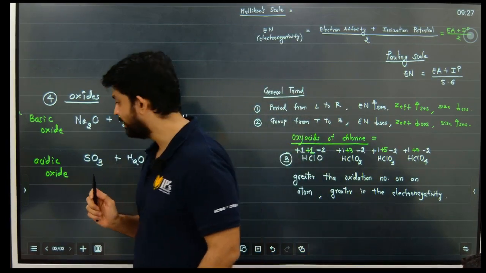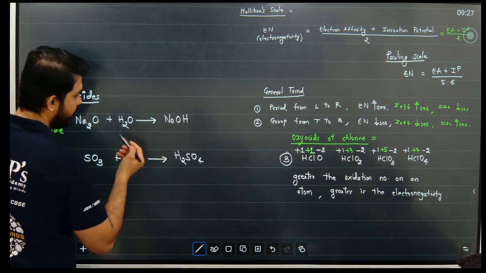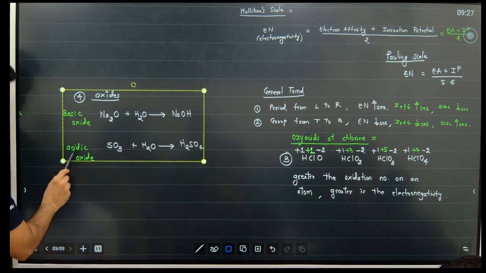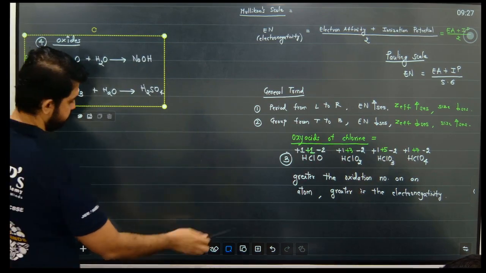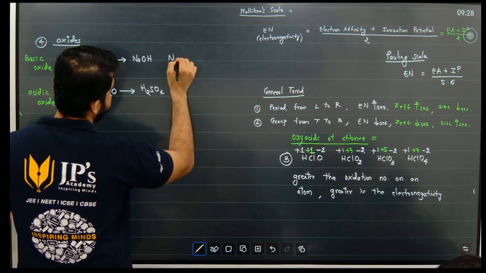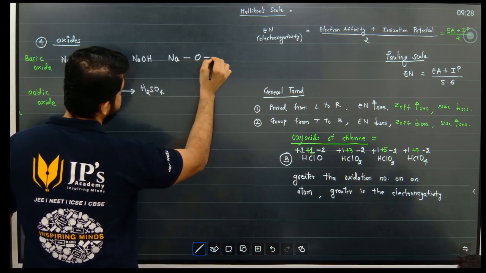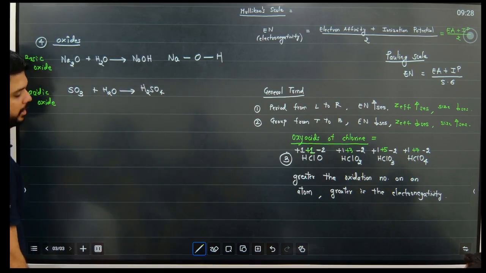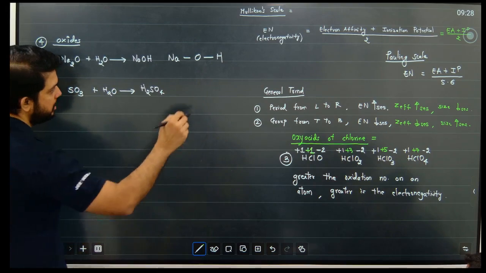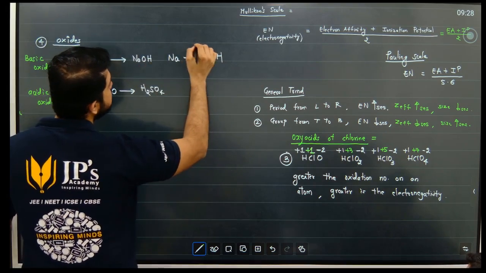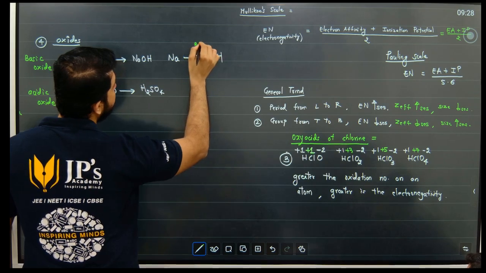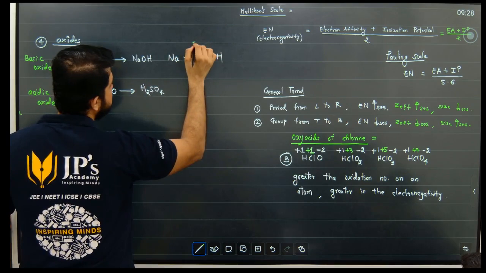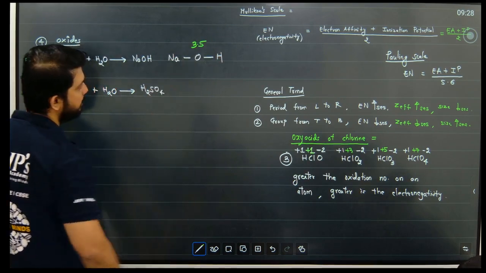It again comes back to electronegativity. People, if I look at NaOH, Na, O and H. Again you don't have to memorize the values. The electronegativity of oxygen on the Pauling scale is around 3.5.